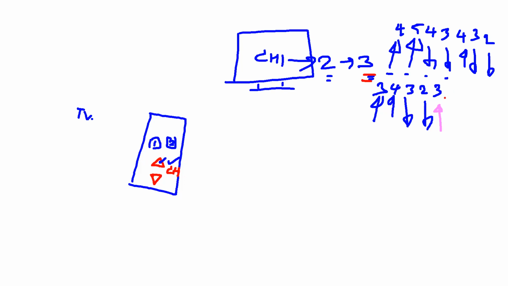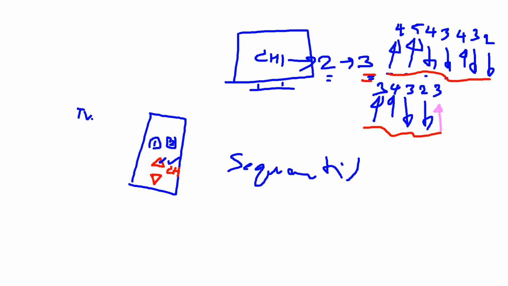So you can determine the value, but you must know the sequence of the input. So this kind of circuit is called a sequential circuit. For this kind of circuit, you must know the sequence of the input from the past.